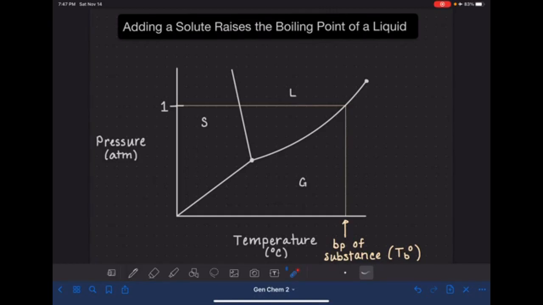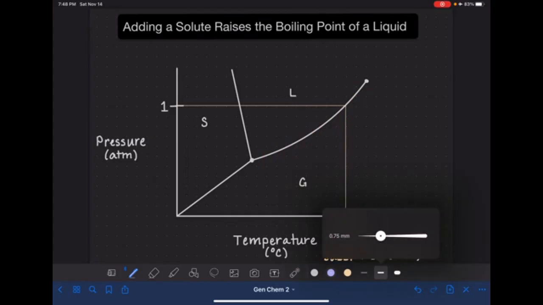Now, when we add a solute to a solvent, as we saw in the last video, this causes the vapor pressure of the substance to lower. The vapor pressure is the point where the substance is in equilibrium between the liquid and the gas phase. And again, the pressure of the liquid-gas equilibrium lowers. So what this means, practically speaking, is that all of the points along this line get dropped down to a lower pressure due to the presence of this solute.